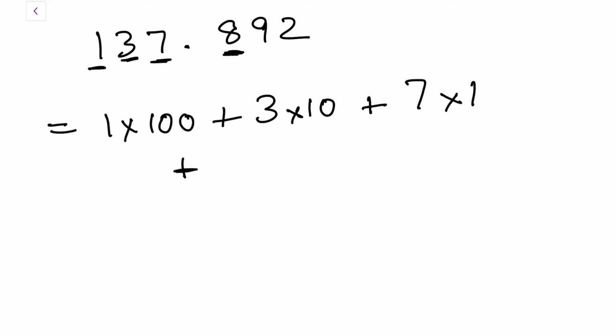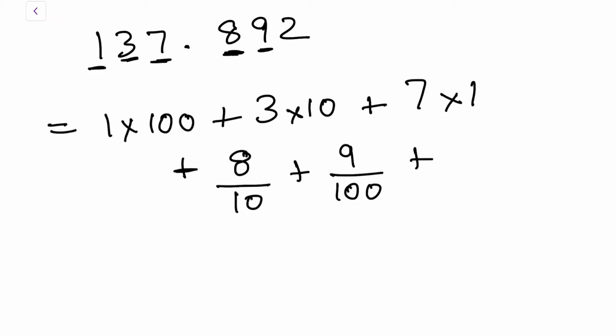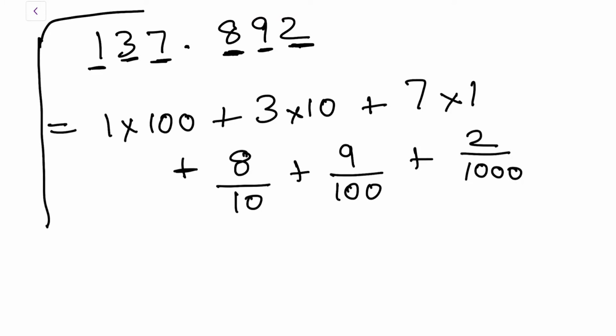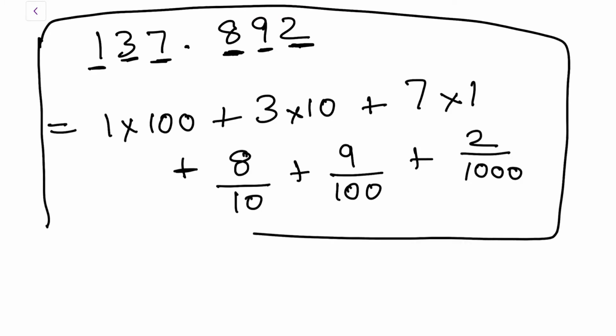That means you need to divide by 10, 8 by 10, plus this 9 is in the hundredths place, so that is 9 by 100, and 2 is in the thousandths place, that is 2 by 1000. That's it, as easy as that. So this is how you can write the expanded form of a decimal number.